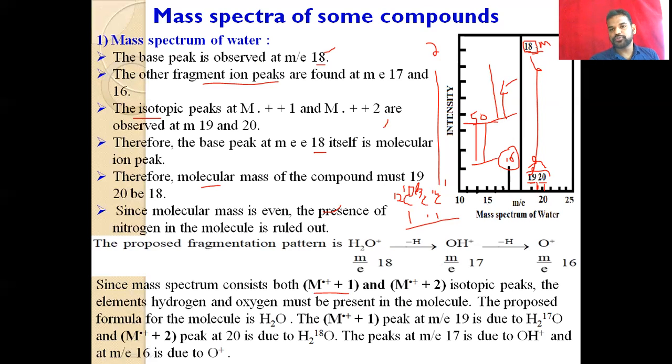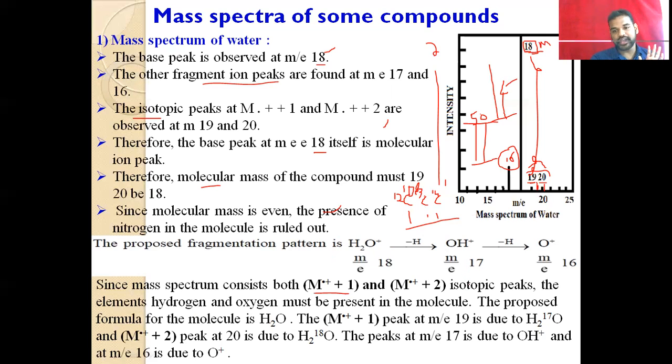And M plus 2 means 18 plus 2, that is 20, as an isotopic peak. In these two isotopic peaks, the elements hydrogen and oxygen must be present. So on the basis of the isotopic peaks, we can say we have two elements, that is hydrogen and nitrogen.